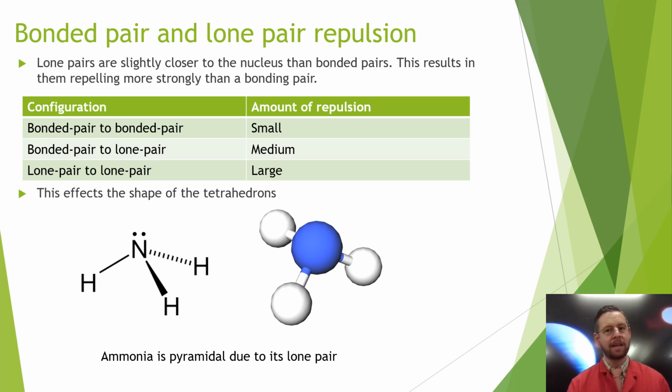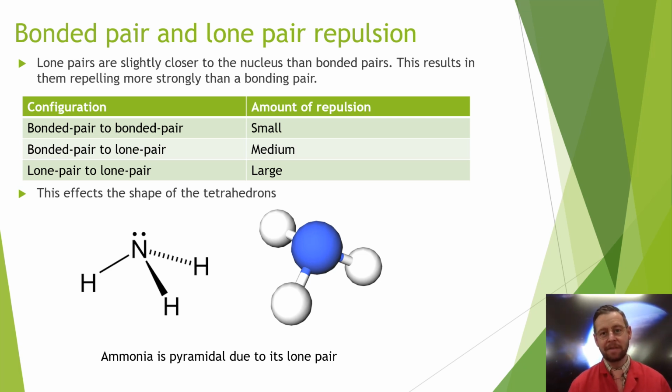If you imagine a bicycle wheel, and you imagine the spokes leading from it, what happens is the lone pair is closer to the axle and the bonded pair slightly further out. Now that means that if we have situations where we have bonded pairs and lone pairs, those lone pairs that are closer in naturally are going to be closer to other electrons. They're closer to the center of the atom.